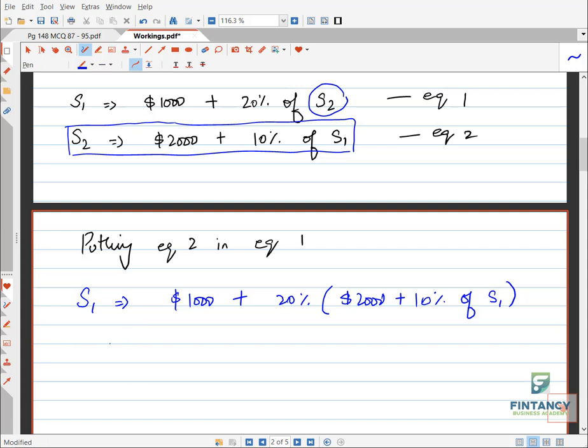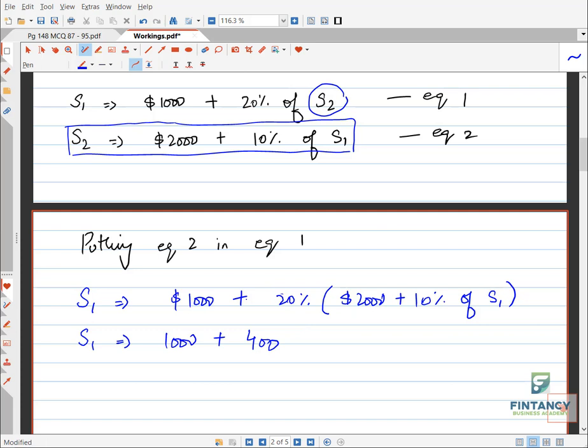So let's solve it. S1 is equal to 1000 plus, if we open the bracket, what will happen? 20% into 2000. Multiply that, how much will come? 400.